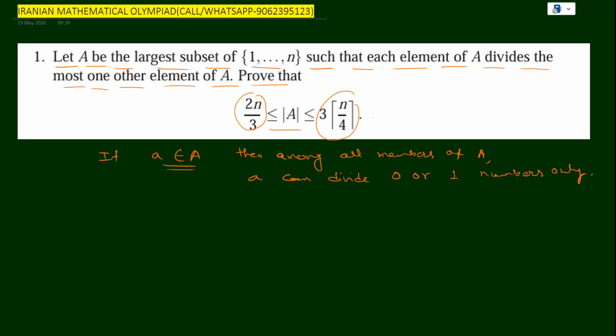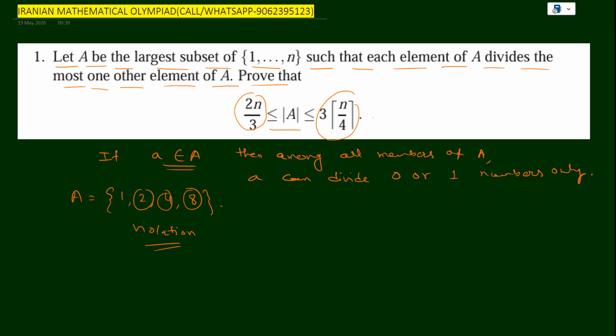Now let us understand by an example. Suppose A is the set {1, 2, 4, 8}. Now check: 1 divides 2, 4, 8, so that means 3 elements, right? So, violation. This set is basically illegal.